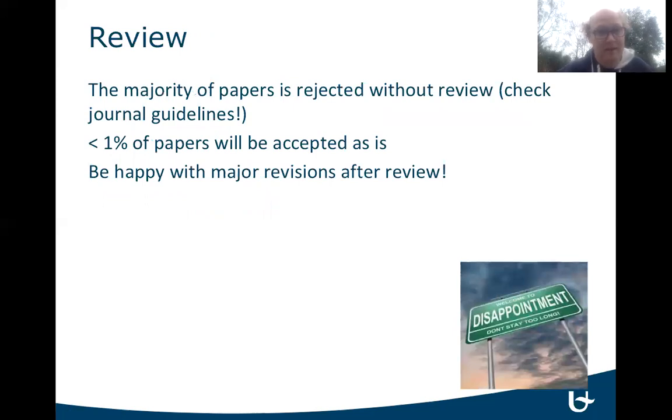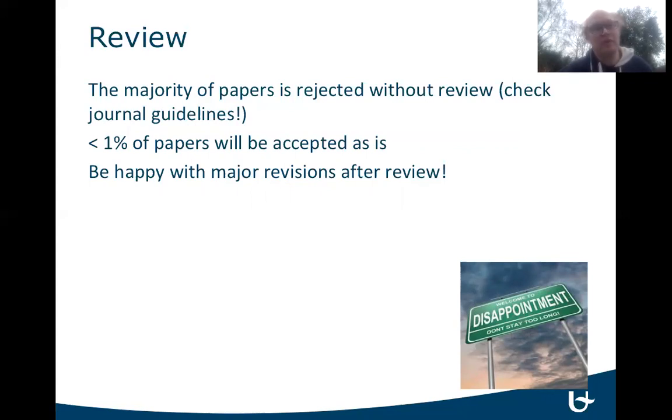Like I said, most papers are rejected immediately. And usually this is because people don't spend attention to these basic rules I just explained to you. So if you find a journal that's a match with your research, and you help the editor in making clear why this is the case, I would say you have a big chance of moving to the next step, which is going to reviewers.